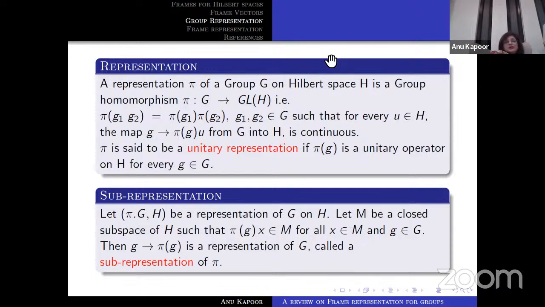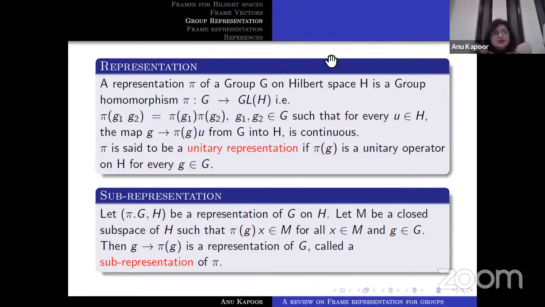And it is further called a unitary representation if pi(g) is a unitary operator on H for every g belonging to G. When we will be talking about representations on Hilbert spaces, frame representations, we will be dealing only with unitary representations.